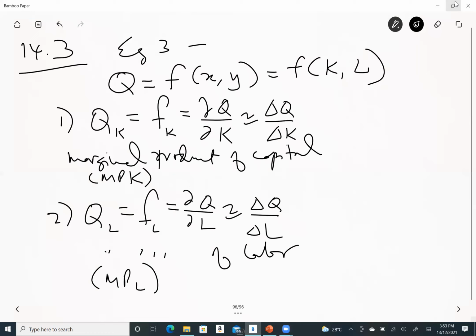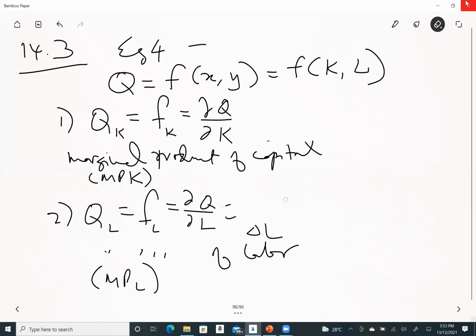All right. Now you go to that example. You have the function as given in example 4. Oh, I'm sorry, not example 3, example 4. So go to example 4, 14.3. You think of it as delta Q over delta K, but for now, I don't need that, so I take it out because we just want to do the partial derivative. Now you look at example number 4.